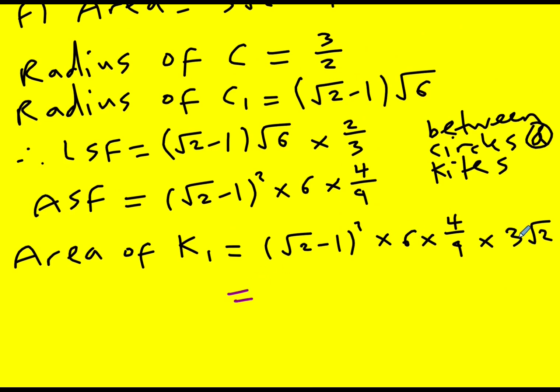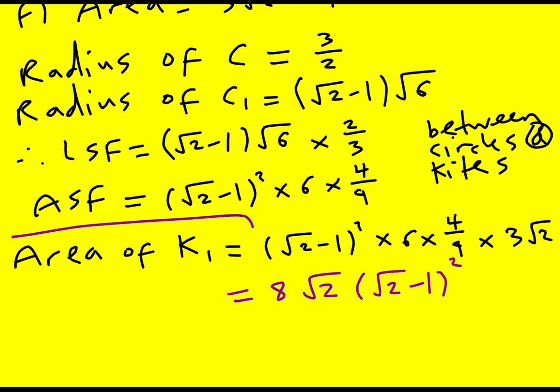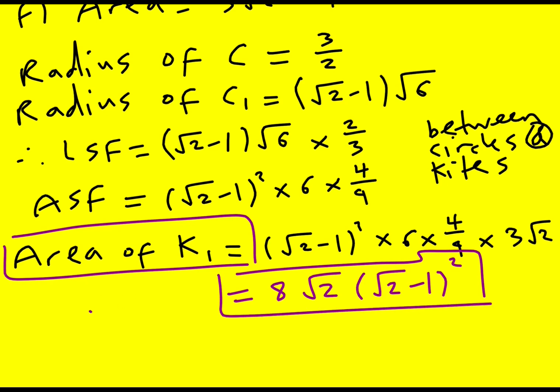I can do 6 times 3, 18, divided by 9 to give 2. 4 divided by 2 is, no, hold on. I times that by 4, so I'm going to have 8 root 2 minus 1 squared. All right, these last two parts, wow. Good effort.